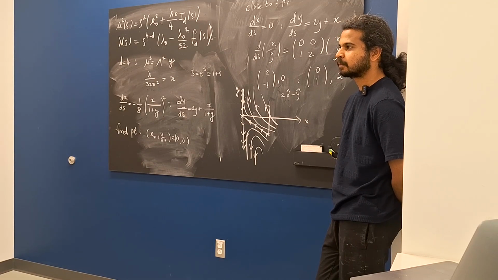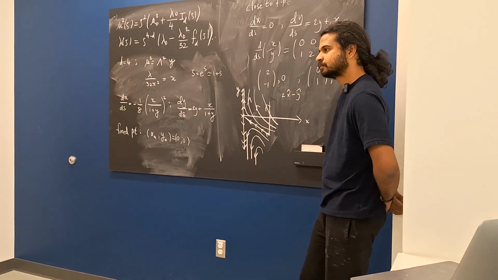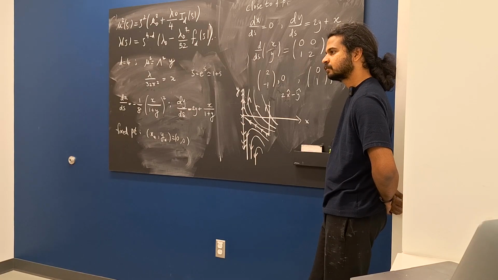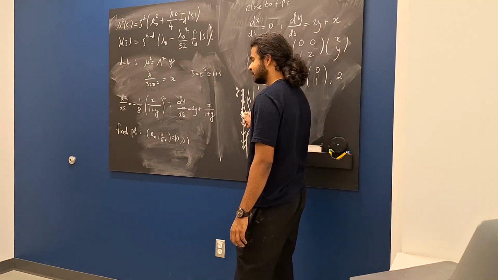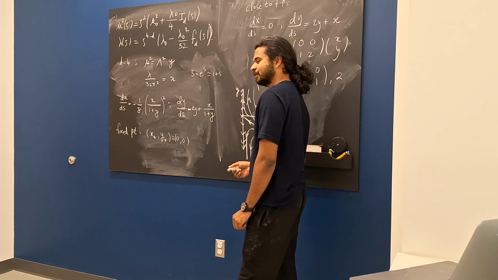And that should work whether I'm dealing with the nearest neighbor or the next nearest neighbor Ising model. Yeah, I guess I don't see how to do that order of limits where you take S really large.